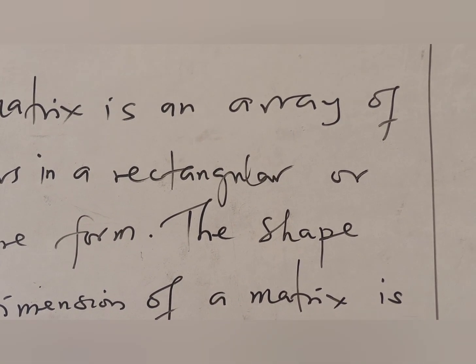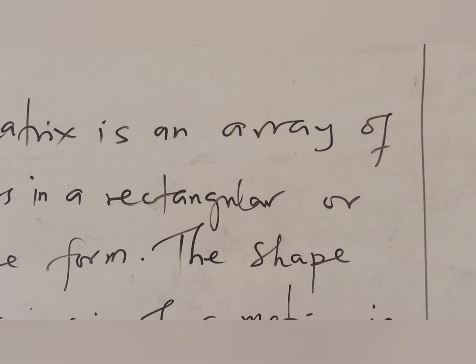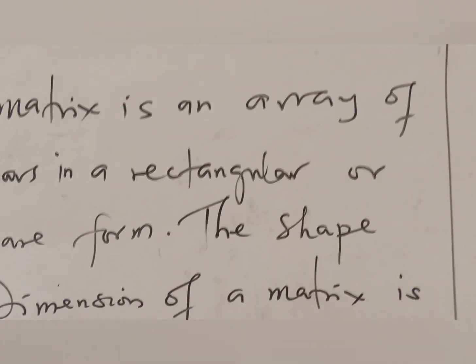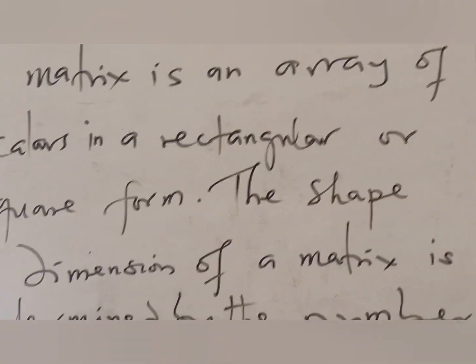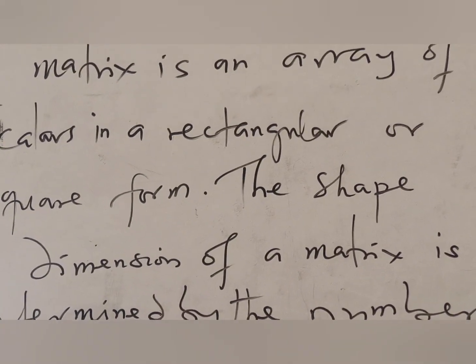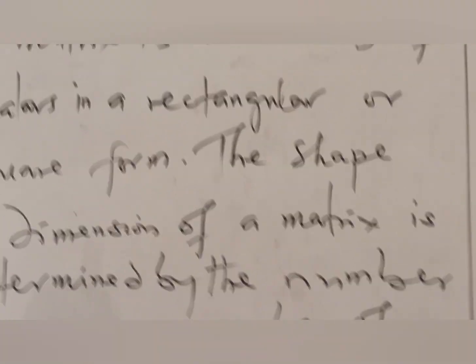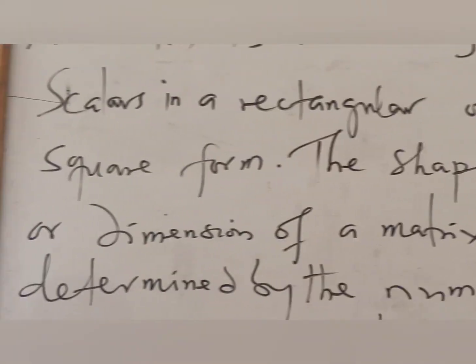This is a row. This is a column. What do I call this? Who can describe it for us? Row. Who can tell us?